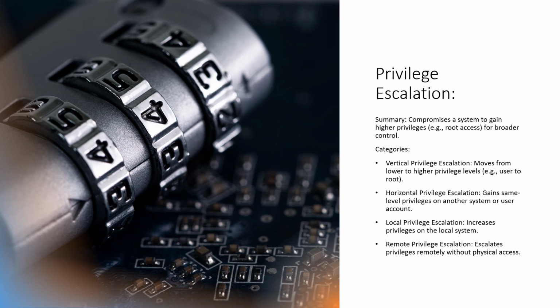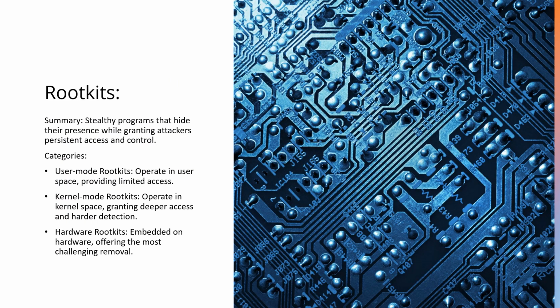This happens a lot in bigger businesses, so that hackers can gain access to tons of stuff. Rootkits are stealthy programs that hide their presence while granting attackers persistent access and control. The categories are user mode rootkits, kernel mode rootkits, and hardware rootkits.